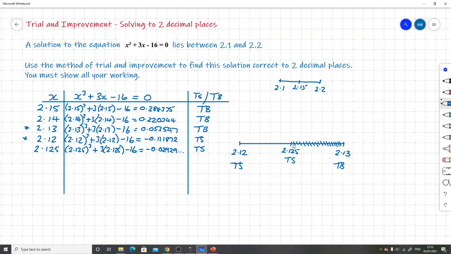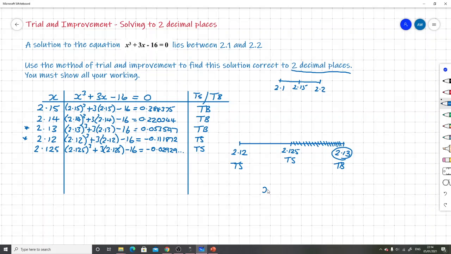So the best answer to 2 decimal places is this one, because I've shaded this side. That is closer to what the more accurate answer would be if we carried on doing it to more decimal places. But the question only wants it to 2 decimal places, so my best answer is 2.13.